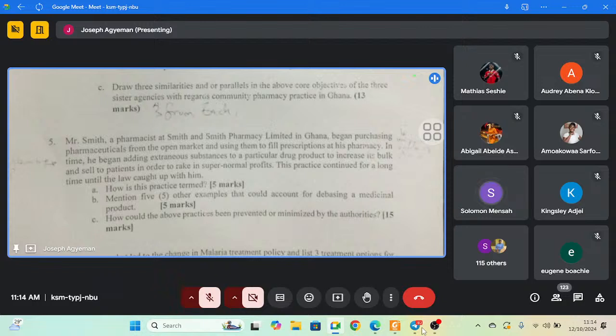Class captain, do you remember our introduction to the Public Health Act? Yes, please. Those things are stated there. About 7 or 8 different acts of adulteration. So one of them is if you wholly or partially omit a constituent of the product.